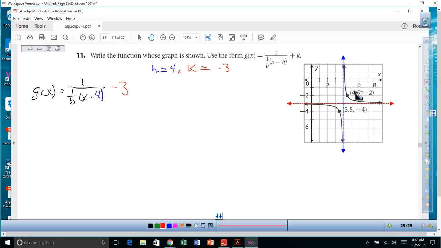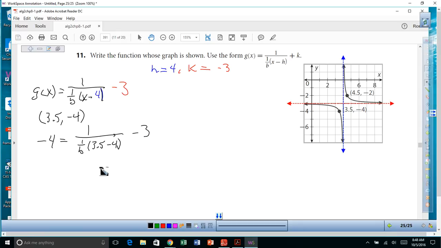We got 2 points here to choose from. It really doesn't matter which one you choose. This time I'll use 3.5 and negative 4. So I got negative 4 equals 1 over b times 3.5 minus 4 minus 3.